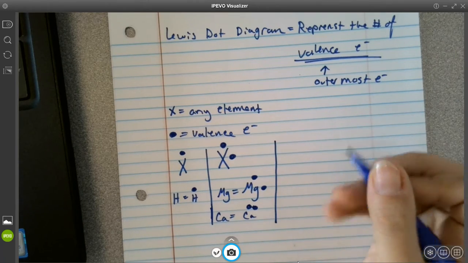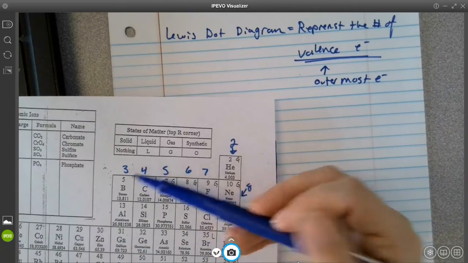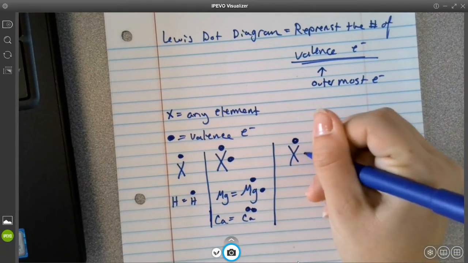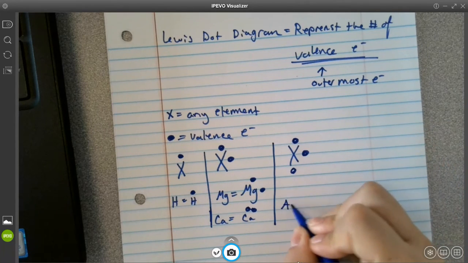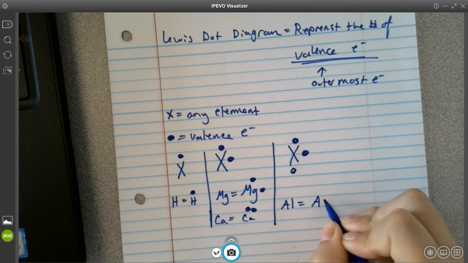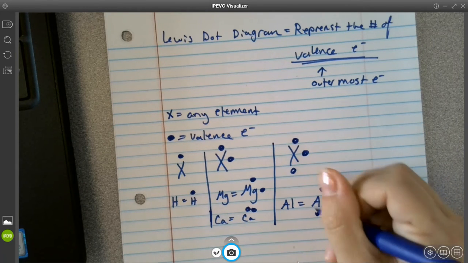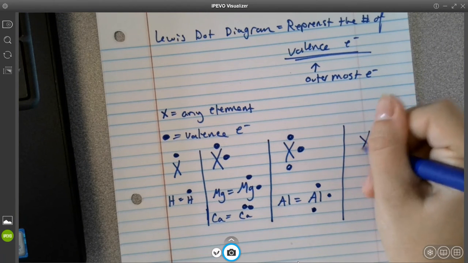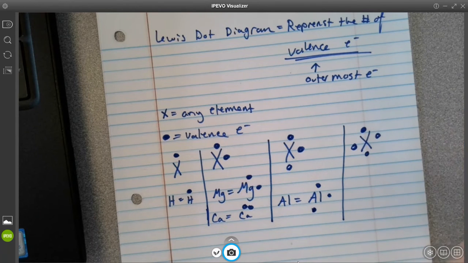When you're in family 13 and you're looking at your family with only 3 valence electrons, 1, 2, 3. So we can look at aluminum, Al, 1, 2, 3. Family 14, so that means you would have 4 valence electrons.